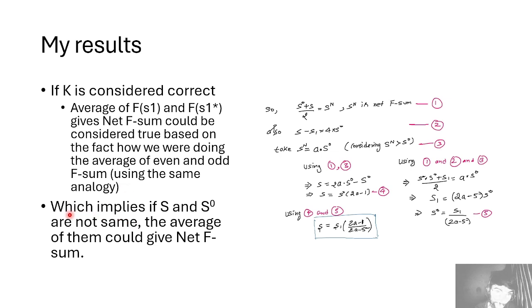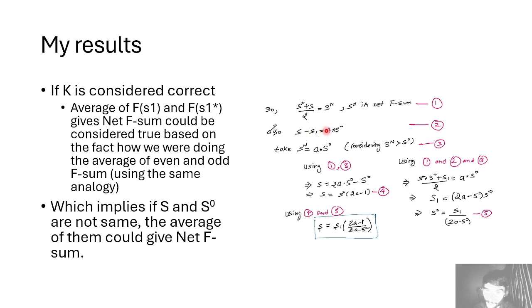Second thing, which implies that if S and S naught are not the same, then the average of them could give us the net f sum. So we're using the average to get the net f sum, which means S naught plus S divided by 2 will give you the net f sum. And this equation, we already know it is true in a connected system.